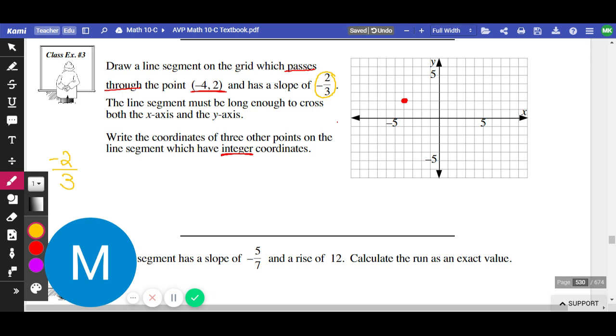The reason it's your guide is they're saying the next point has a rise of -2 away and a run of 3 away. That makes sense, right? So if I went from that point and I went down 2 and over 3, that would be the next point on my line. So down 2, 1, 2, over 3, 1, 2, 3. And that's going to be the next point on my line.